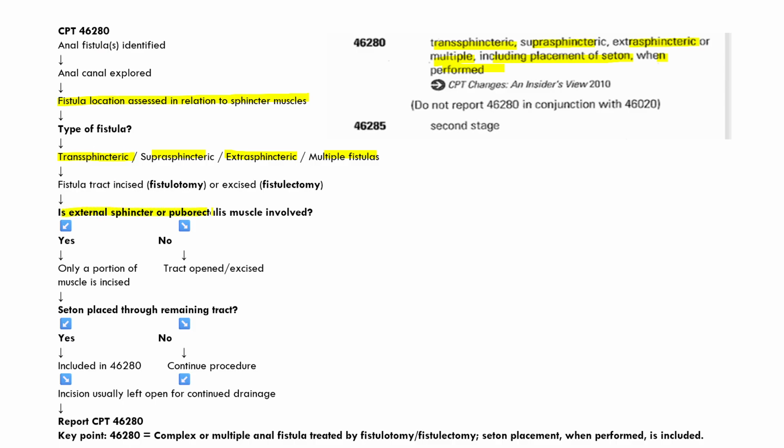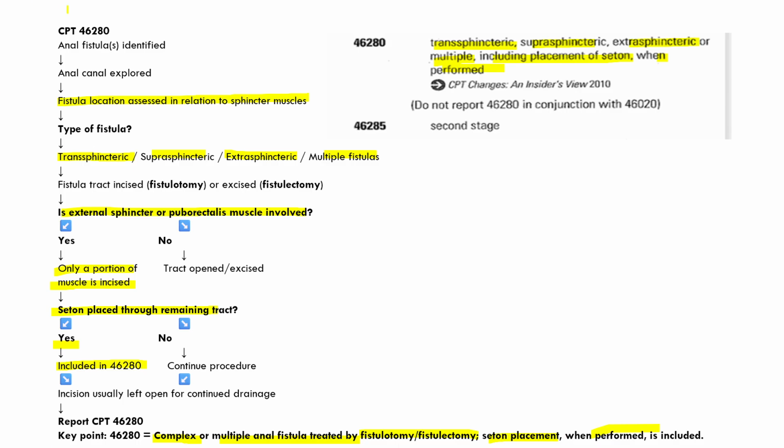So is the external sphincter muscle involved? If yes, only a portion of the muscle is incised and the seton is placed through the remaining tract. Then you can code CPT 46280. Whenever there is treatment of a complex or multiple anal fistula by fistulotomy or fistulectomy, along with that he is doing seton placement, which is included. In that case you can code CPT 46280.